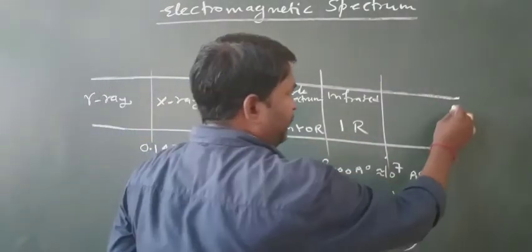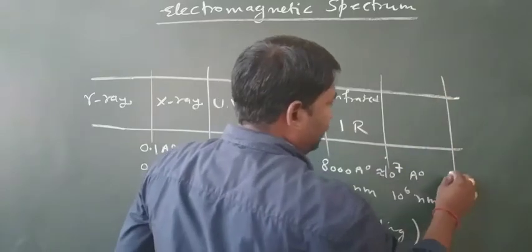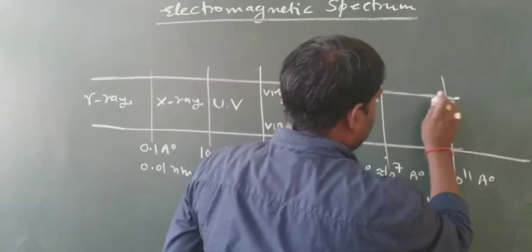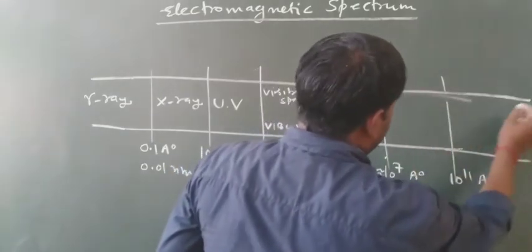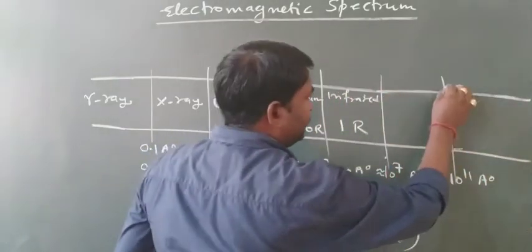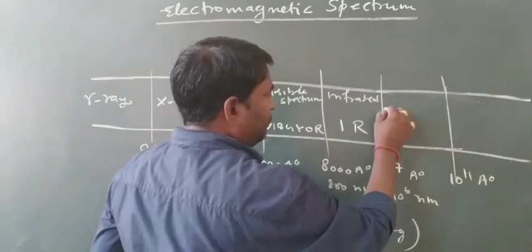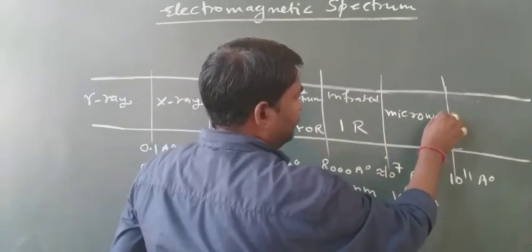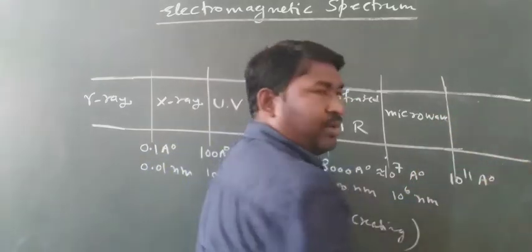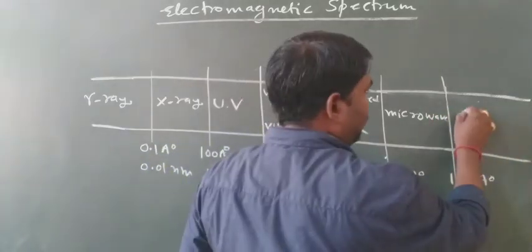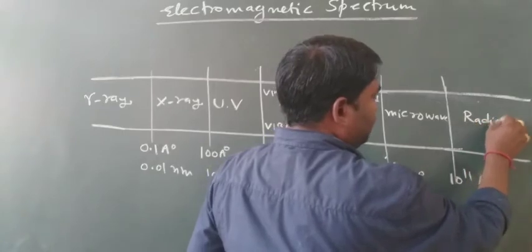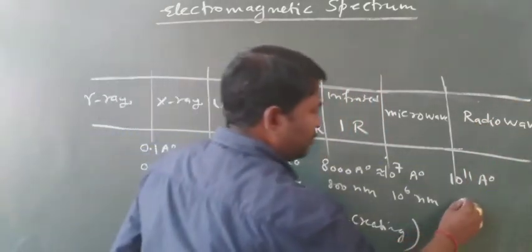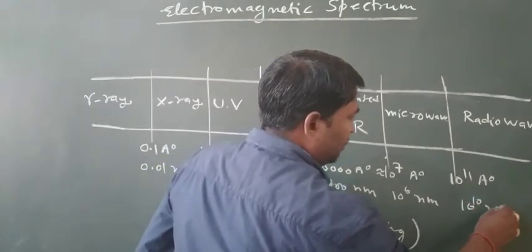And from 10 power 7 to 10 power 11 angstrom, it is microwave, and beyond 10 power 11 angstrom it is radio wave.